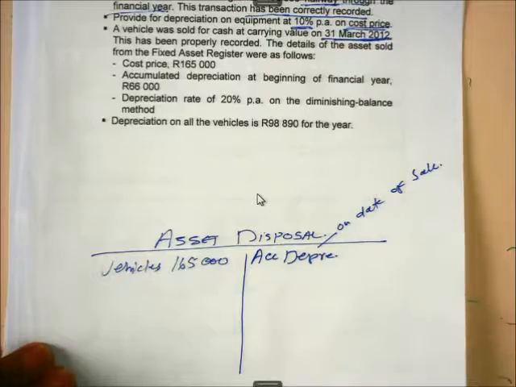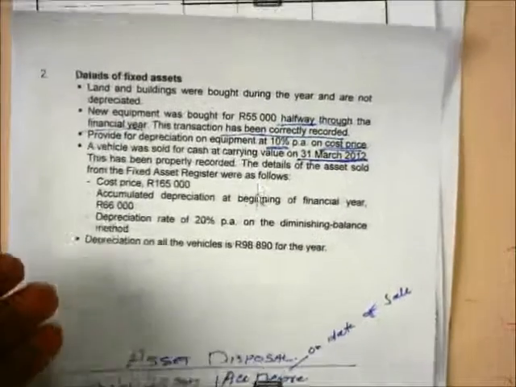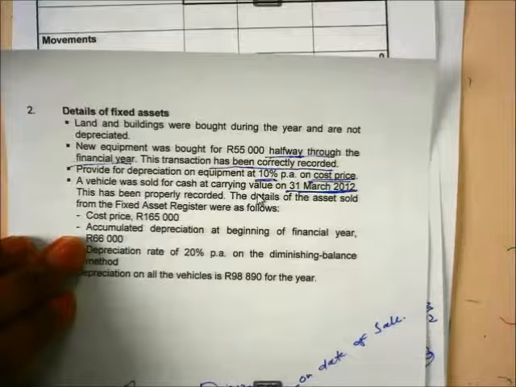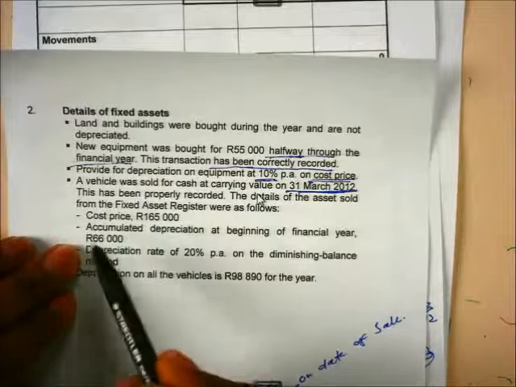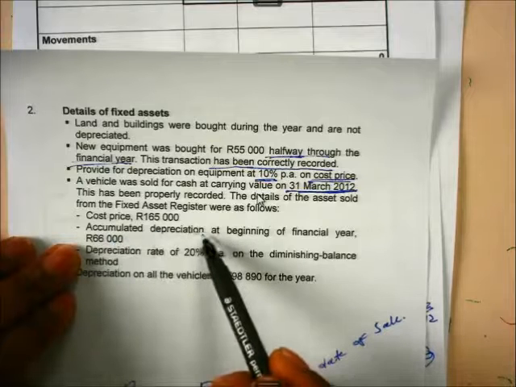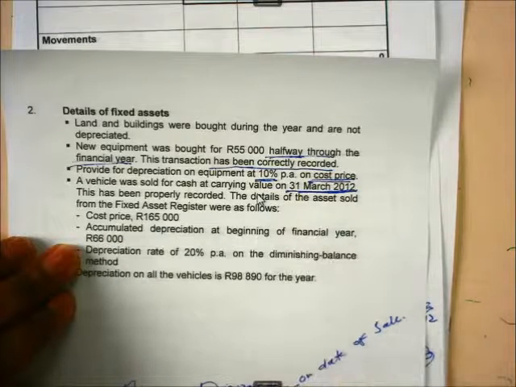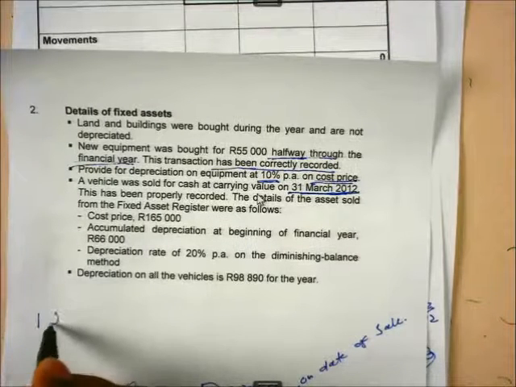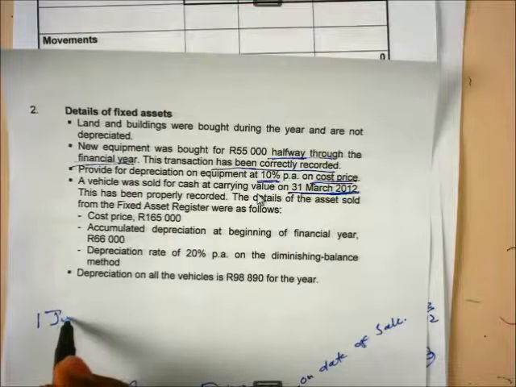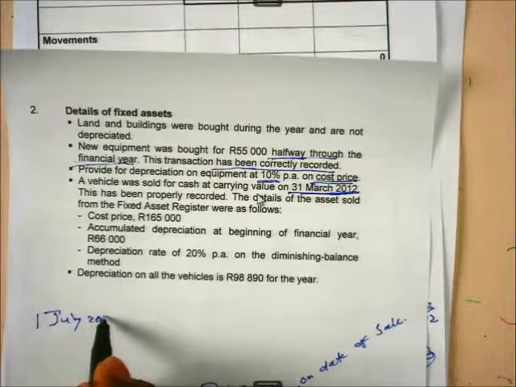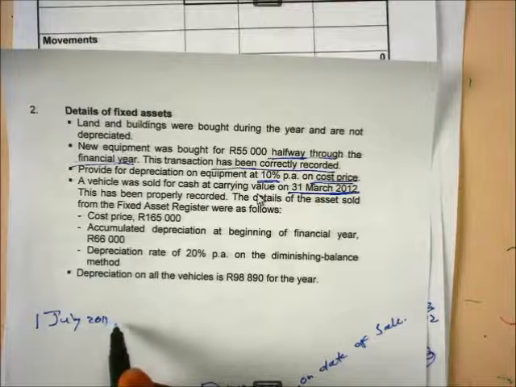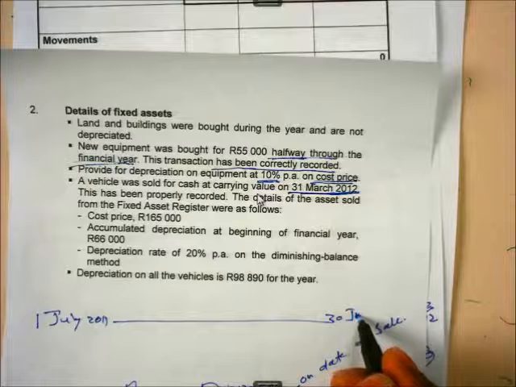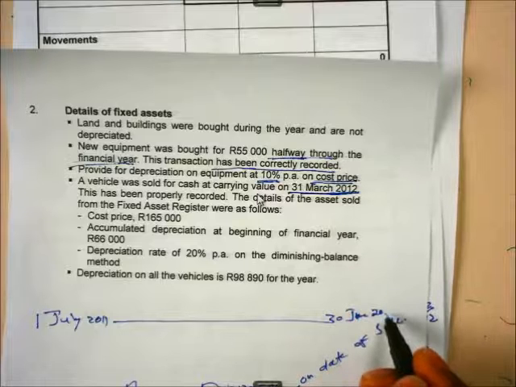Right? Fine. But what are we given? We are not given accumulated depreciation on date of sale. We are given accumulated depreciation at the beginning of the financial year. Our financial year started on 1 July 2011 and ends on 30 June 2012.